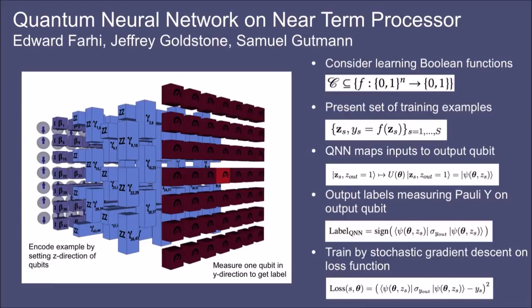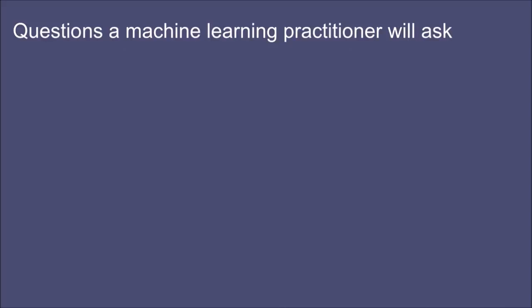I told you earlier that you can think of these gates as rotating the qubits. So instead of weights like in neurons, you have angles in these gates. And essentially, by changing these angles, you change the input-output function. And you can now ask questions that a machine learning person would ask.